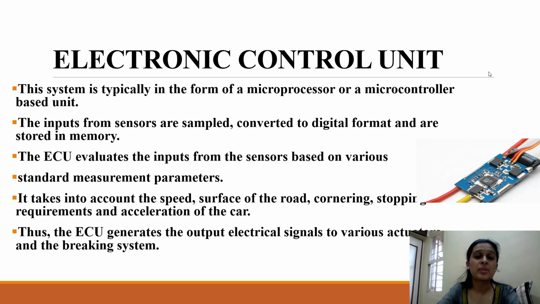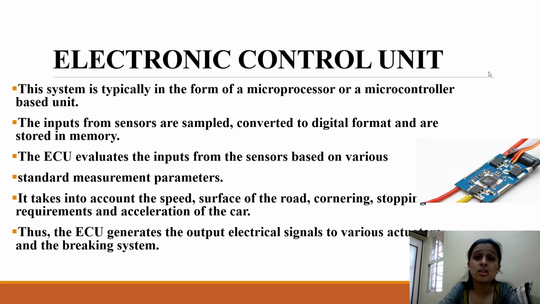All these inputs are basically in the form of electrical quantity. So these all inputs are first sensed by the sensors, they are sampled, they are converted to the digital format, and then they are stored in the memory, which is located inside the ECU.